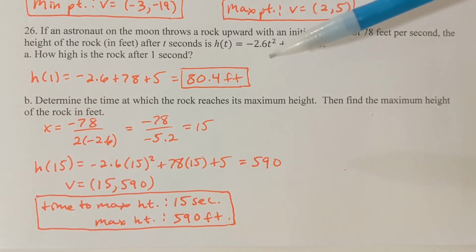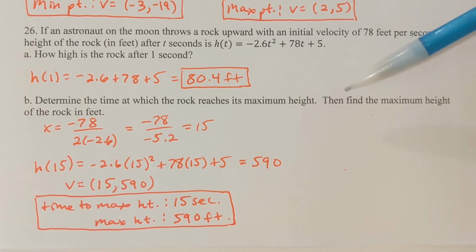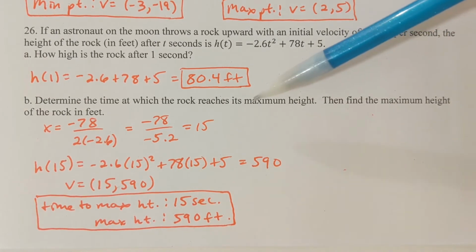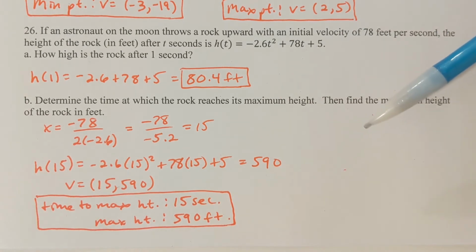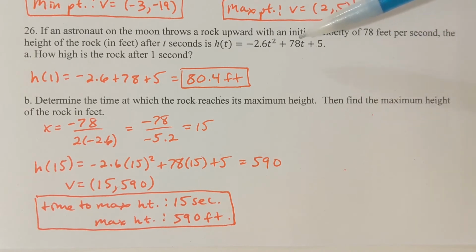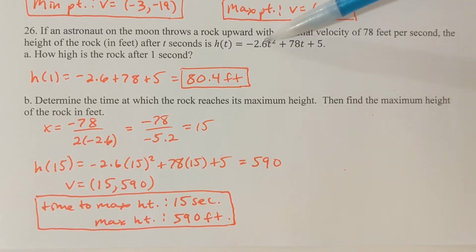Okay, part B, determine the time at which the rock reaches its maximum height, and then find the maximum height of the rock in feet. Maximum is a key word, because basically in this problem, they want us to see that we would be working with a parabola. I've got a quadratic function, so I know I'm going to be working with a parabola. A quadratic is always a parabola. This parabola would be opening down.